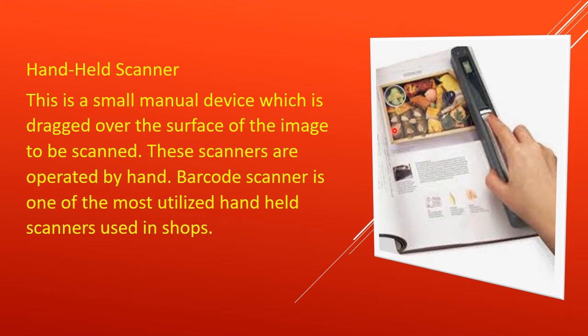For example, barcode scanner is one of the most utilized handheld scanners and that are used in shops. So, handheld scanners are used by hands and is dragged over the image.